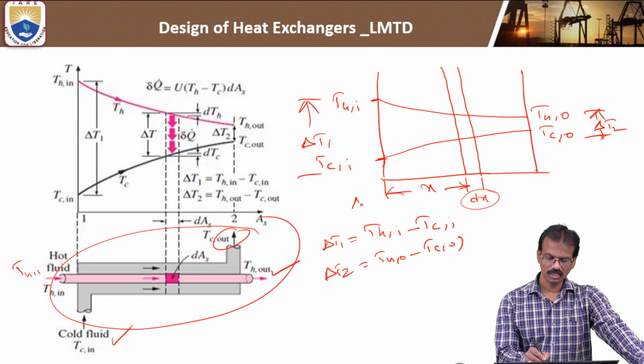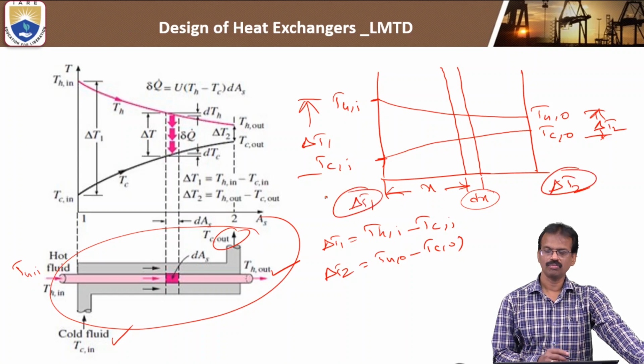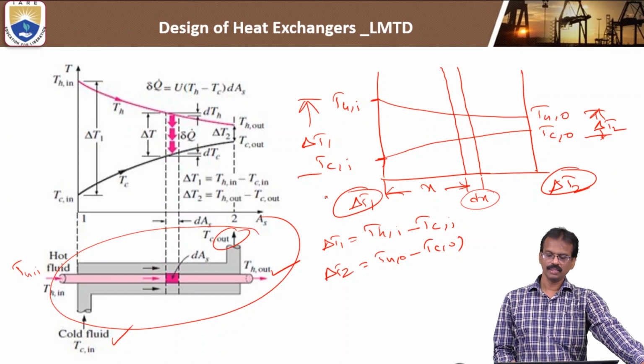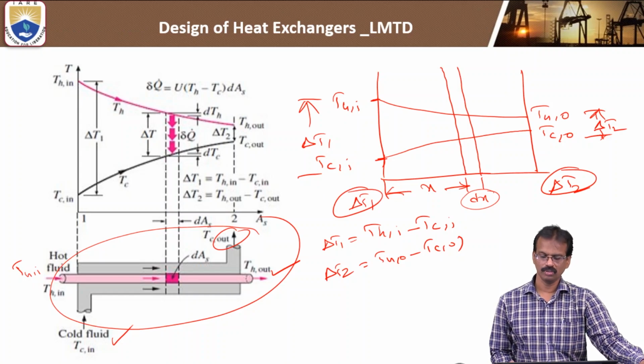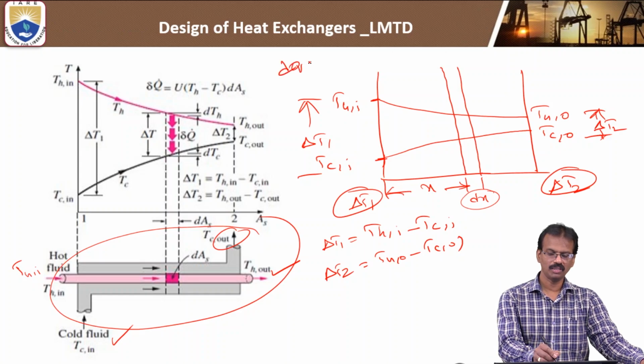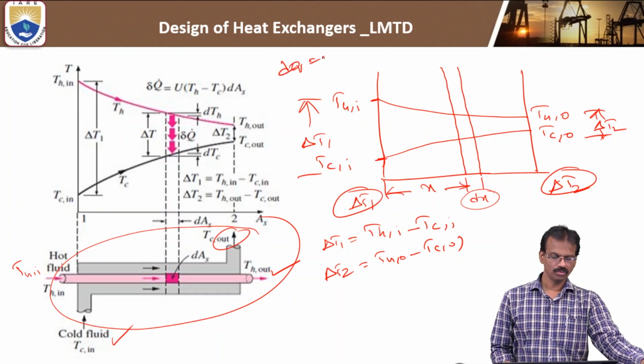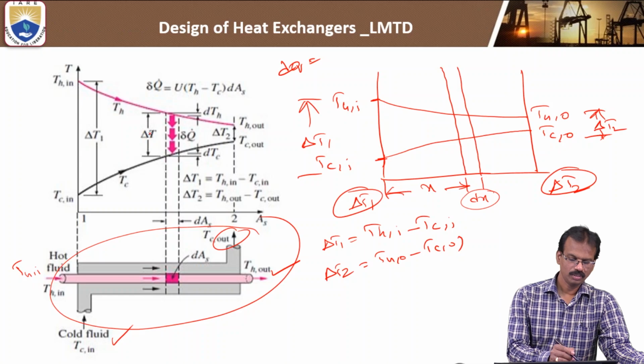What are the limits? Delta T1 to delta T2. Then we will get the overall heat transfer coefficient. First we will solve the rate of heat transfer dq for this small elemental area. Here delta T is nothing but dTh minus dTc.